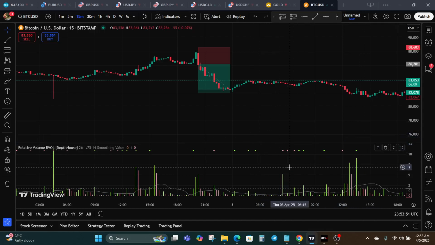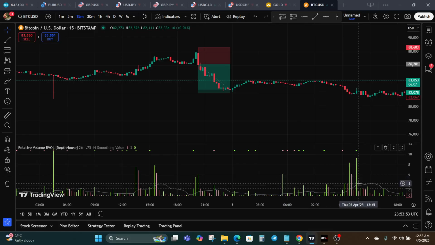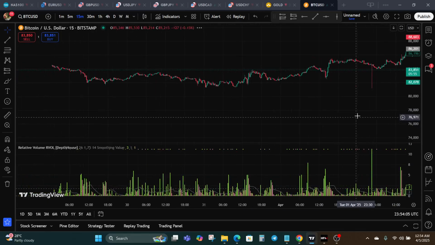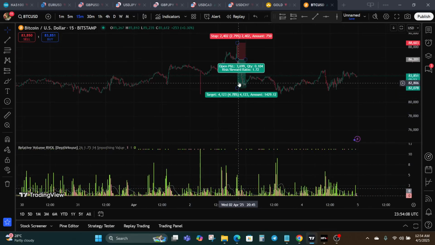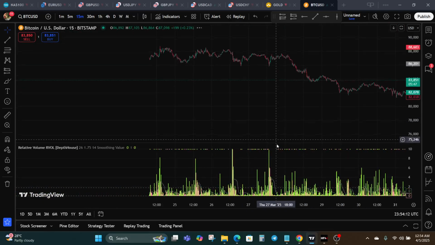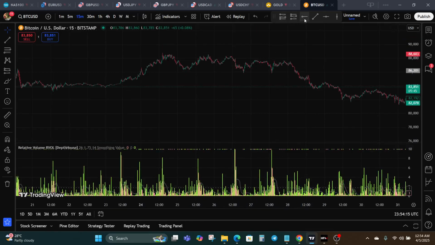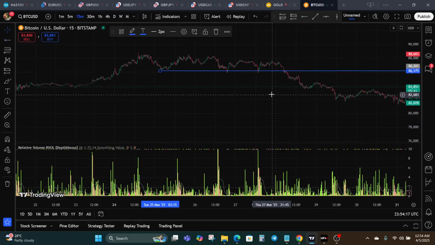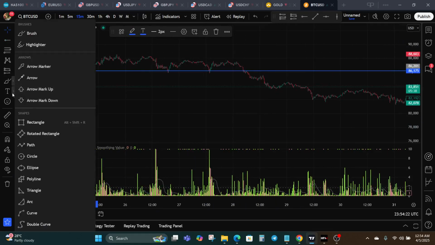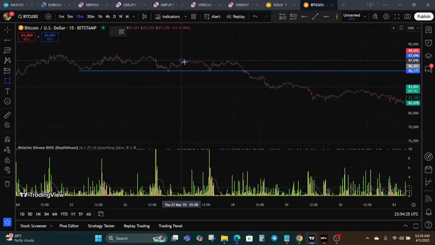So if you notice an RVOL spike and price breaks a key level, that's a green light. All right, so you should be watching out for spikes and breakouts. You can see what happened here. You can see these small breakouts.